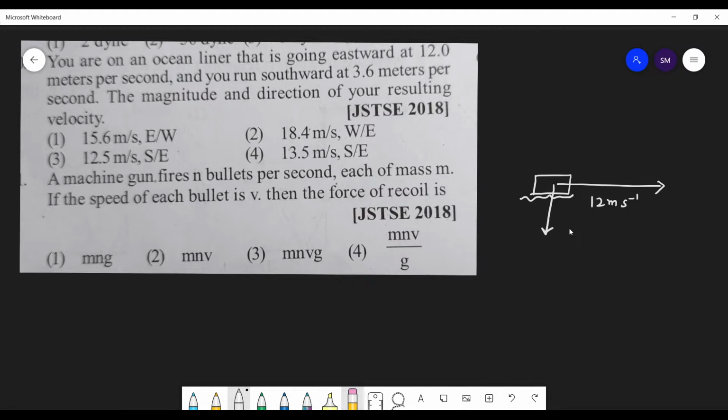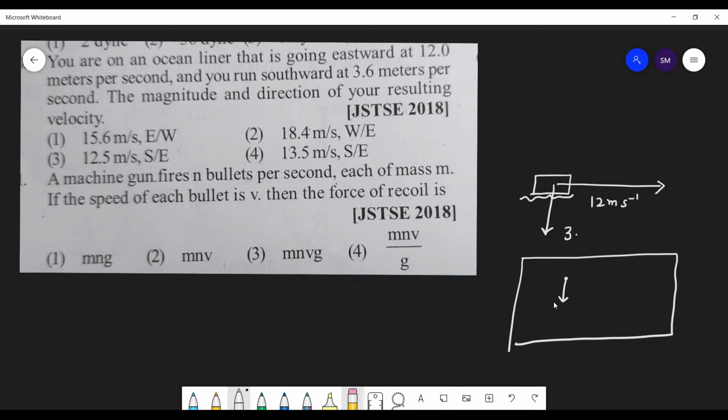So you are on an ocean liner, which is so big. You are moving on the ocean liner itself at 3.6 meters per second.